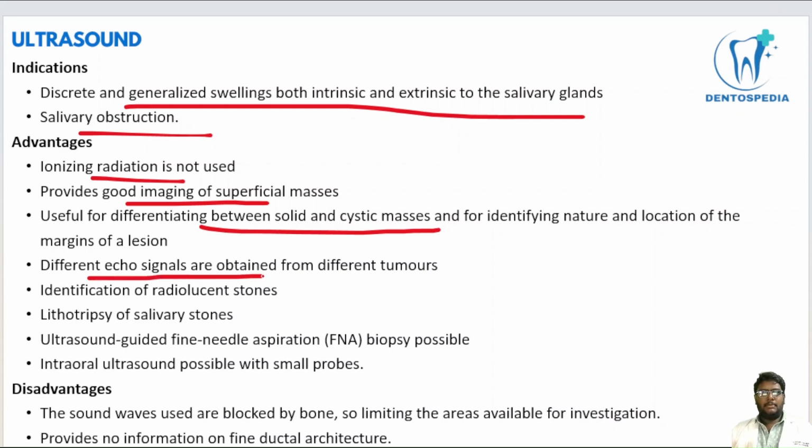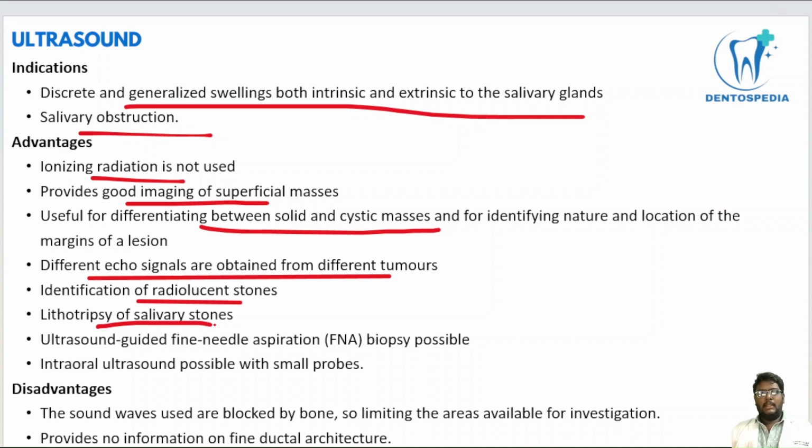Different echo signals are obtained from different types of tumors, and it allows identification of radiolucent stones. If the stone is radiolucent, we can't use X-rays, right? So in those cases, we can go for ultrasound and diagnose the condition. Lithotripsy of salivary stones is nothing but crushing of stones.